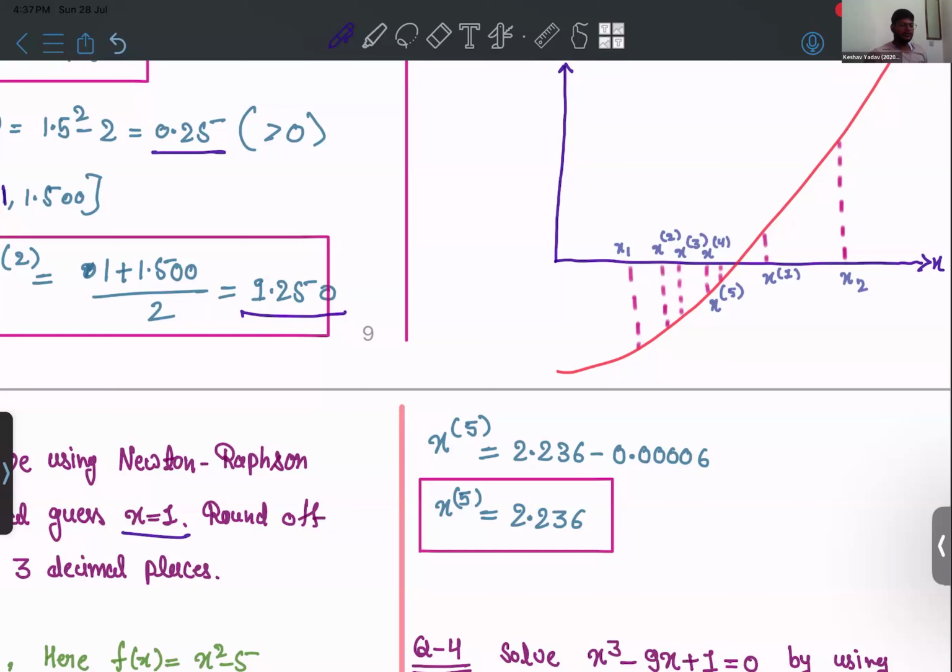So usually what people do, initially they start with the bisection method, and after some iterations they choose x1 or x2, either of them, as an initial guess for the Newton-Raphson method. Since the Newton-Raphson method converges very quickly, but the issue is sometimes if the initial guess is not good, it may not converge.